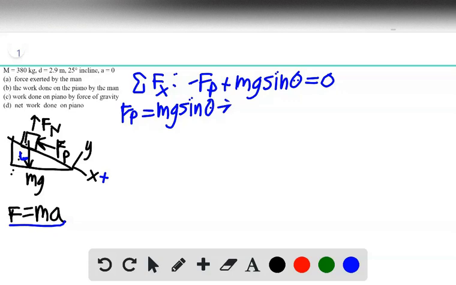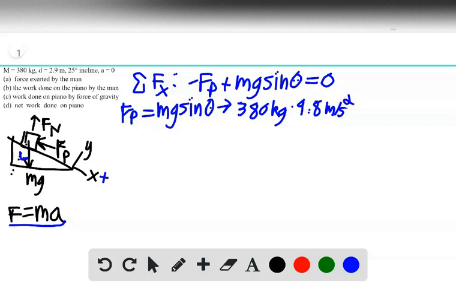Mass of the piano, 380 kilograms, times gravity, 9.8 meters per second squared, times sine theta, which we have over here.